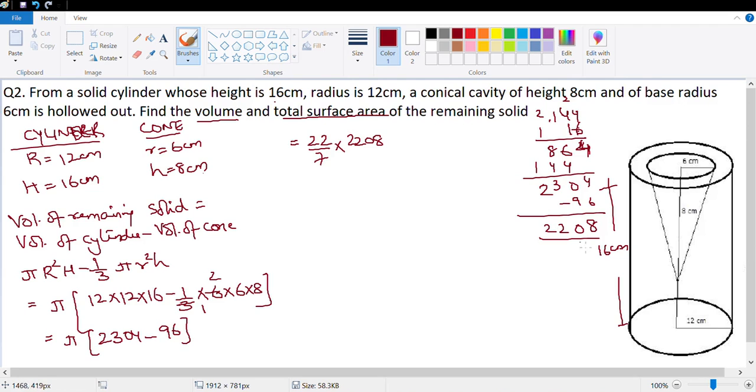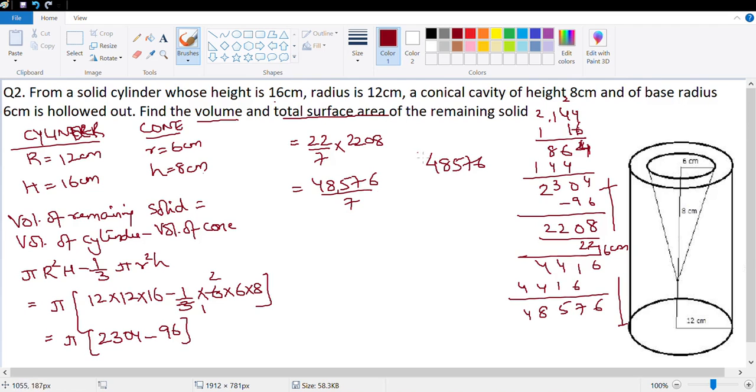So 2208 multiplied with 22. That's 8 into 2, 16, 144. That's 6144, 67584. So this is equal to 48576 divided by 7. Let's divide.